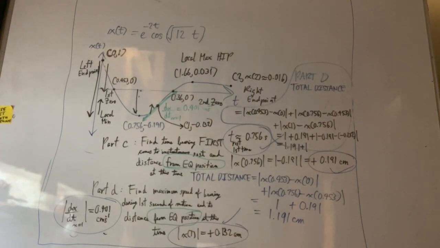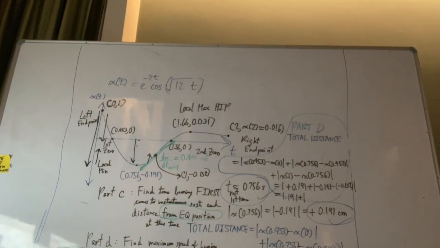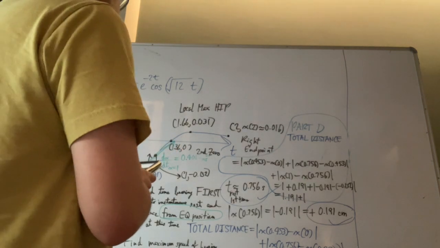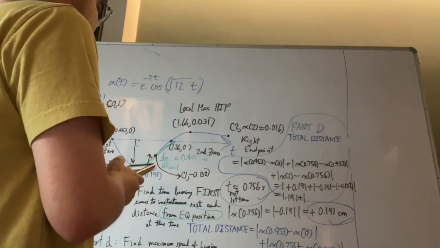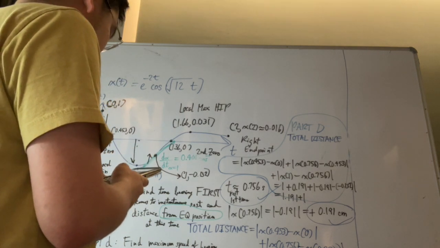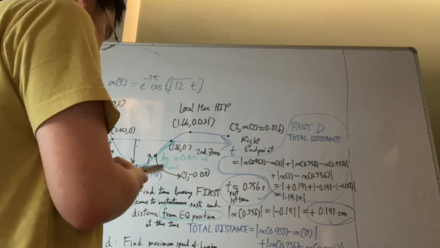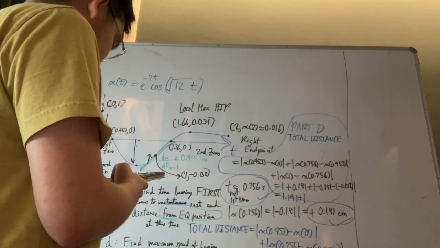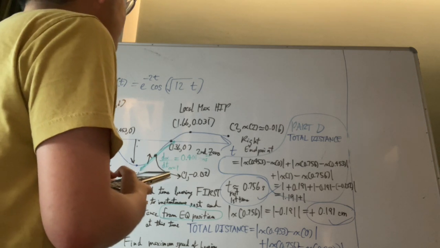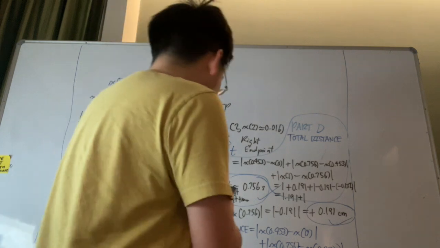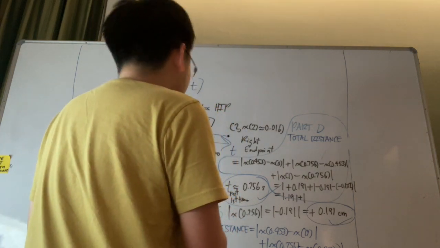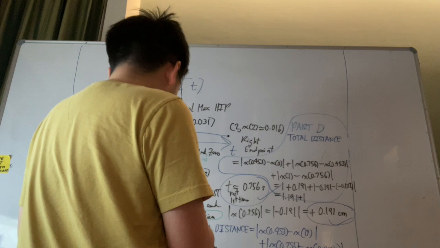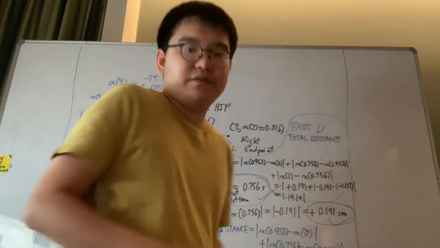Which, dear God, now I'm going to appeal to a calculator here. Oh, wait, sorry, wrong, correct. Minus 0.19 plus 0.132, and then make that positive.